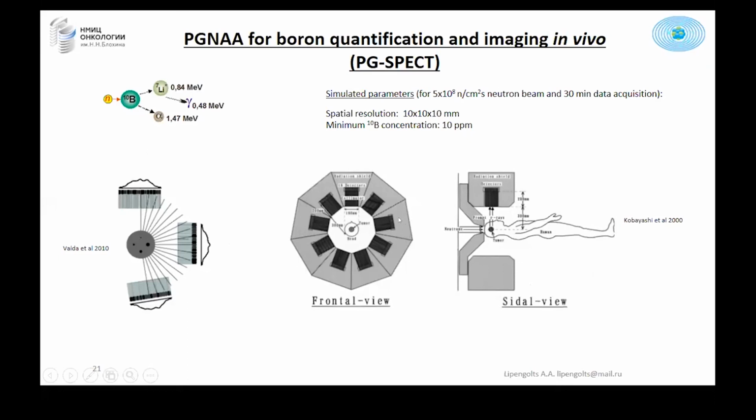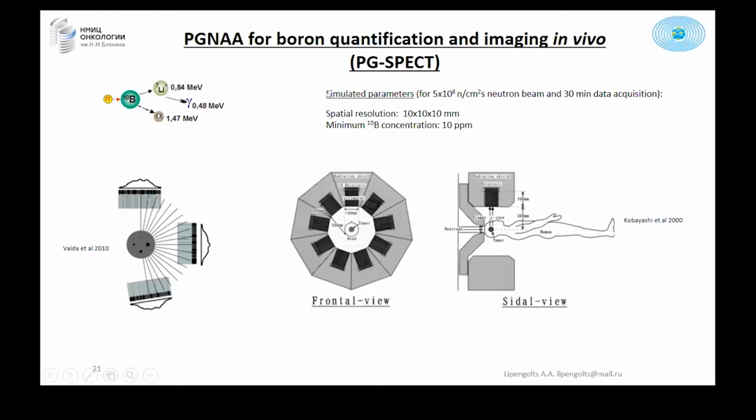And by measuring projections of this radiation emitted from the irradiated object, we can restore the number of neutron capture events on boron within the irradiated object.